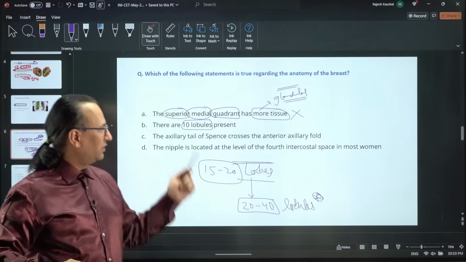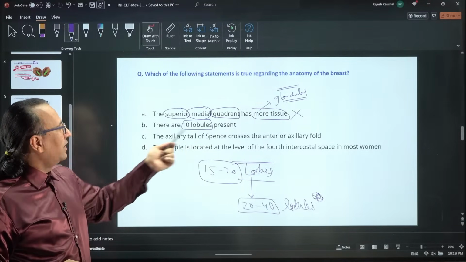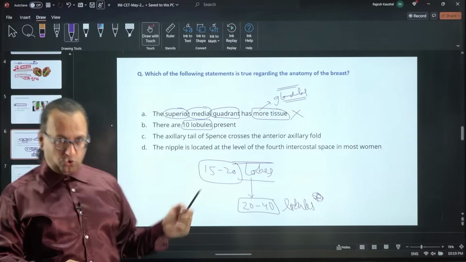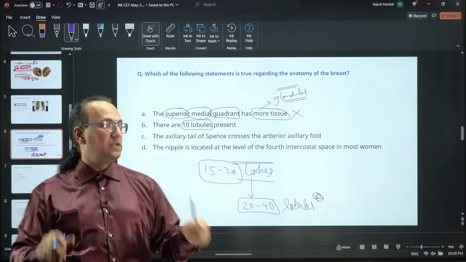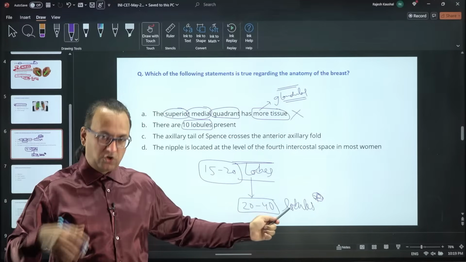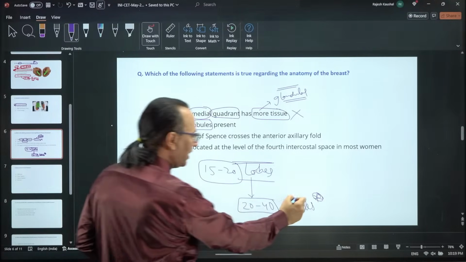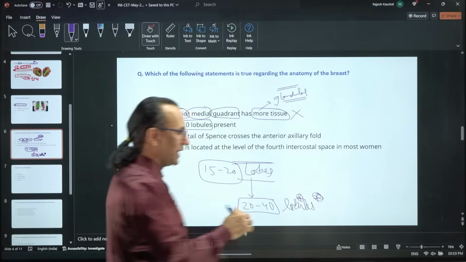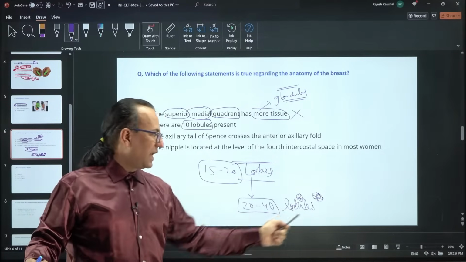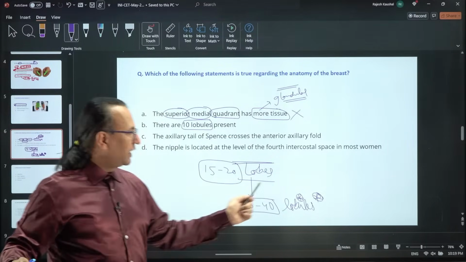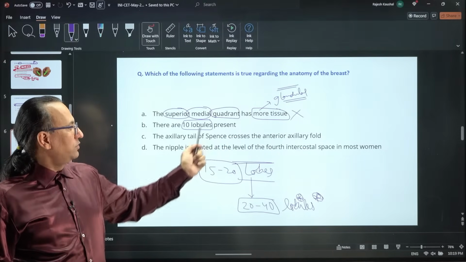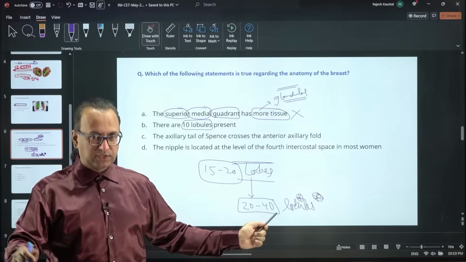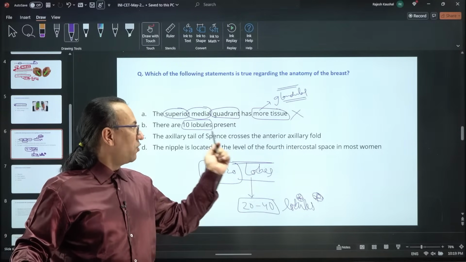In the mammary gland there are 15 to 20 lobes, and each lobe can have 20 to 40 lobules. Cancers begin in the lobules. Cancer will start from the lobule, then involve the lobe, and then involve the entire mammary gland. So for lobules, 20 to 40 is a good number, and I don't know whether this option asks lobule or lobes.